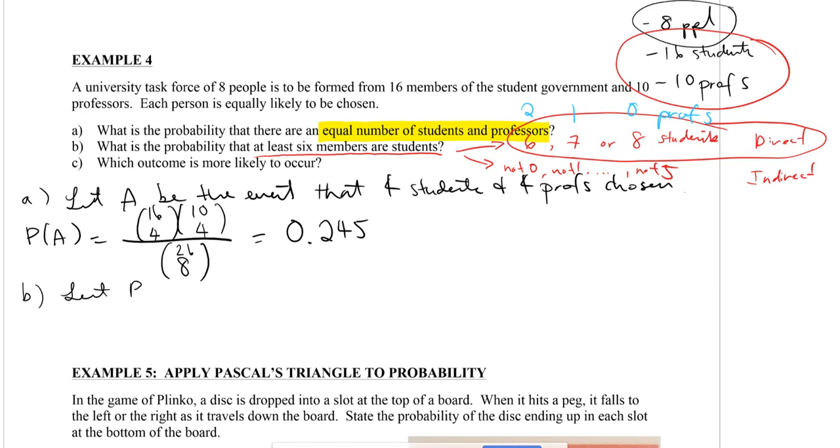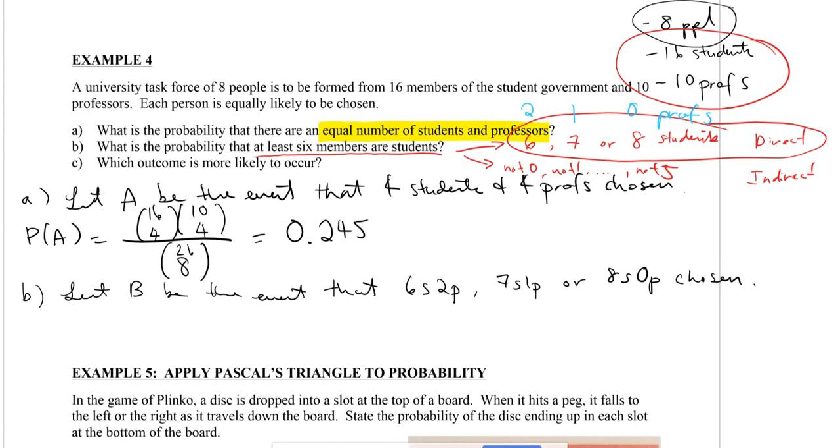So let B be the event that 6 students, 2 profs are chosen, or 7 students, 1 prof, or 8 students, 0 profs are chosen. Okay, so please make that very clear to you before you start calculating.